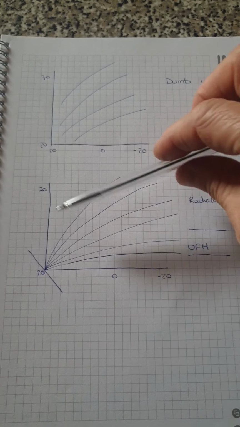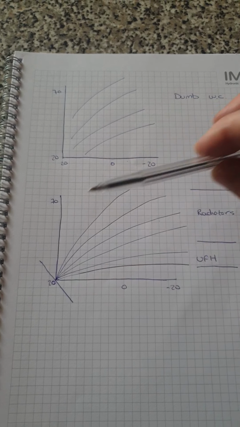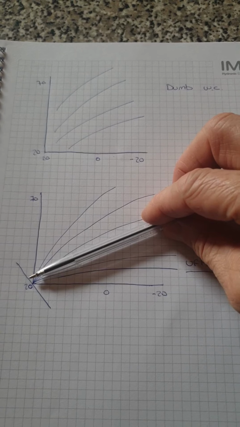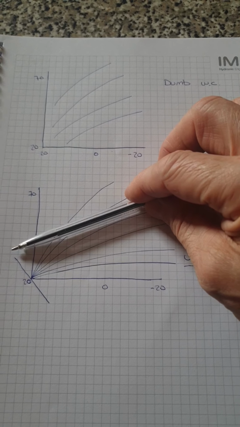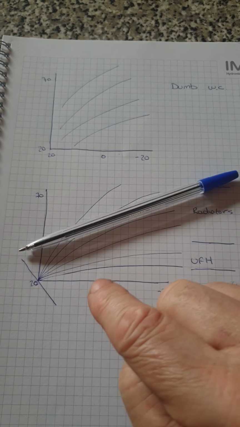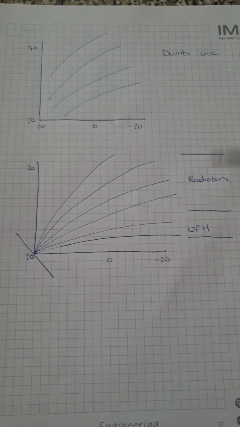So this one can be adjusted this way, and then the whole curve can be adjusted this way. So a little example for you here. That curve we've got there, if I turn the room temperature, it simply moves it up like that. So it's exactly the same curve, but it's running at a raised temperature throughout the whole length of that curve.